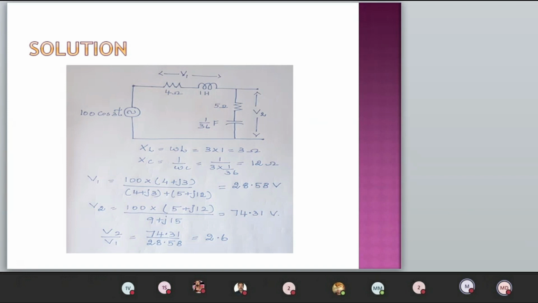Now, by using voltage division, V1 is 100 into 4 plus j3 divided by Z1 plus Z2. So what is Z1? Z1 is R1 plus jXL. Z2 is R2 minus jXC. So substitute that and you'll be finding V1 is 28.58.